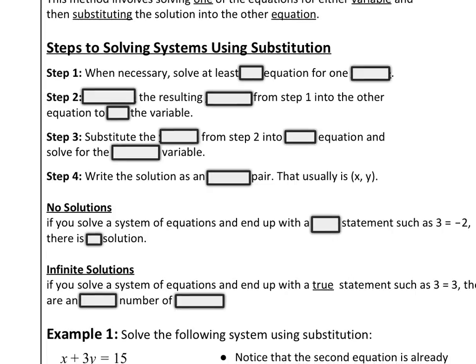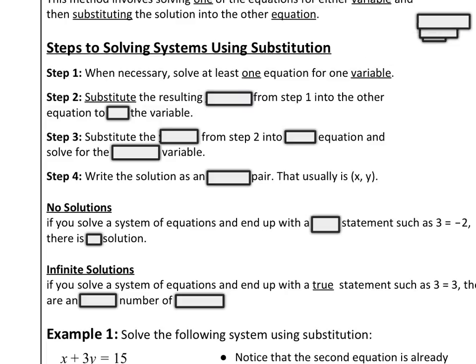Step 1, when necessary, solve at least one equation for one variable. That means if an equation does not already have an isolated variable, you need to do that first. Step 2, substitute the resulting equation from step 1 into the other equation to find the variable.